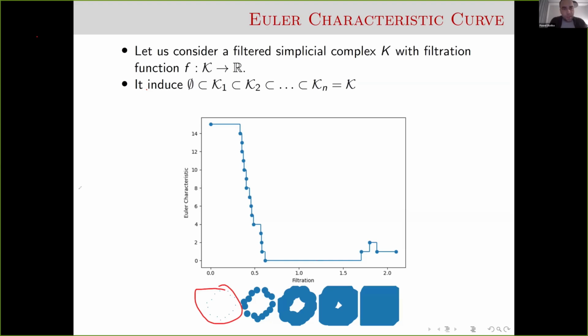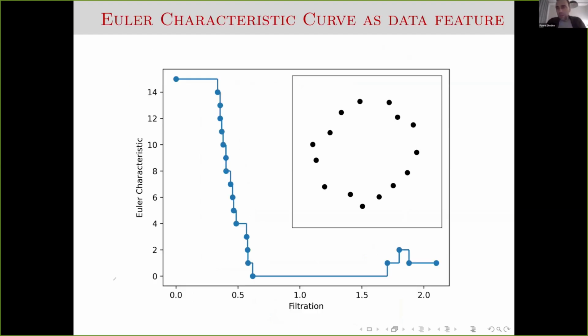Once again, in the standard way, we place a ball of radius r and let r grow. For any intermediate radius, we compute the Euler characteristic, and that gives us the curve that we see right here. So the idea is to use this curve as a functional feature of this point cloud.